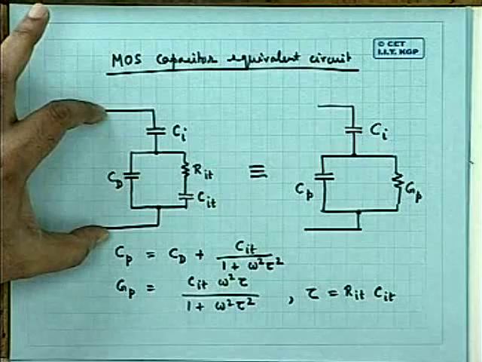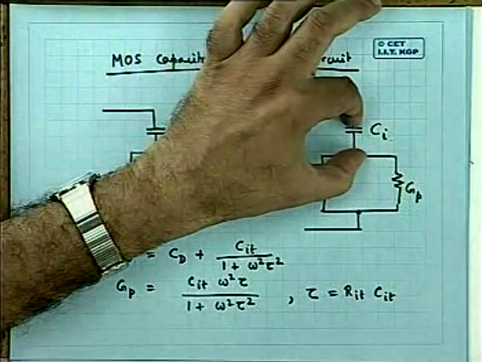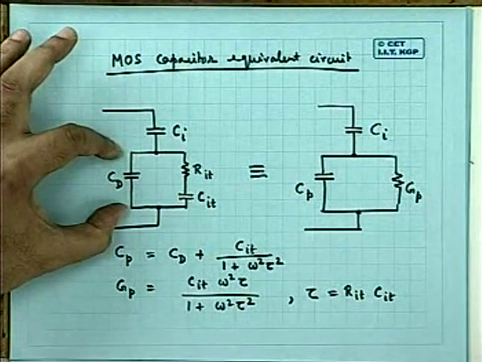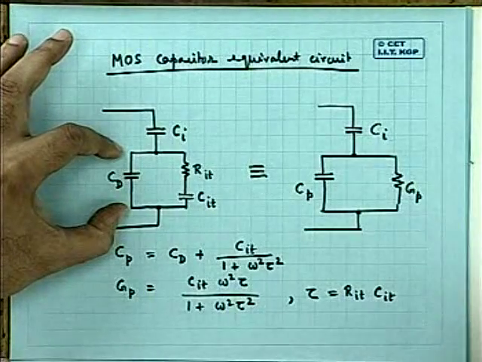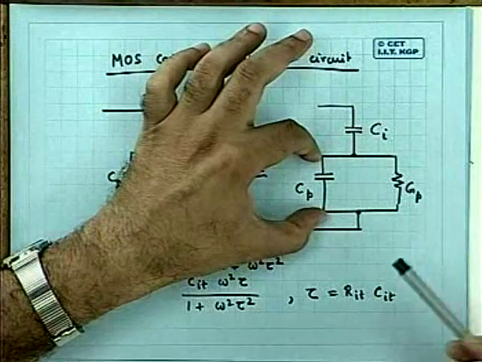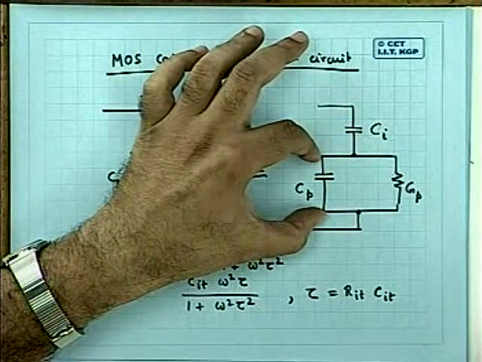You find out the impedance, subtract the reactance of CI to get the impedance of this, find the reciprocal to get the admittance. It will have a real part and an imaginary part. The real part is this, the imaginary part divided by omega is this.